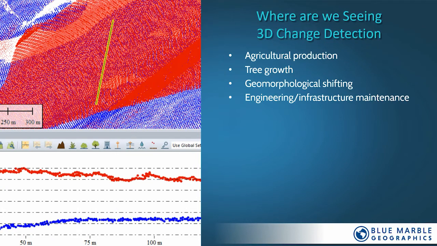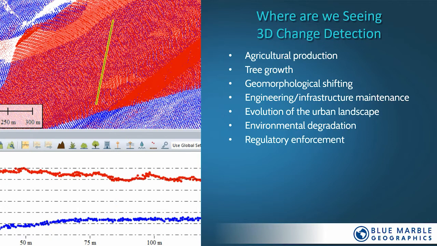Engineering, infrastructure, maintenance, I mentioned that one. We'll take a look at this specific one as a practical example. The urban landscape is obviously evolving. Tied into that is regulatory enforcement. I jumped ahead a little bit here. Are the buildings that you're seeing, are the increases in your Z value in your surface models reflecting what has been approved as far as regulatory compliance is concerned?